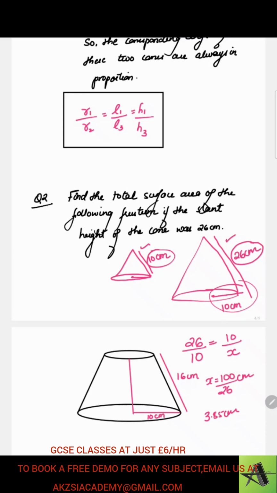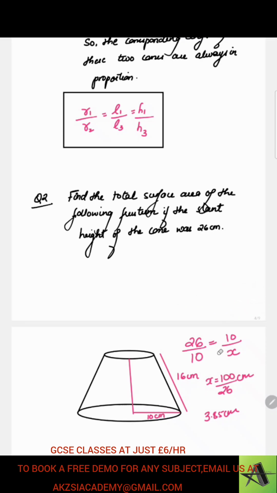So because of this, the one that I have discussed, that if you don't know a given parameter, you just have to use the similarity and you can calculate. We now have the radius, which is 3.85 centimeters. We can easily calculate the total surface area. How can we calculate? Similarly, how we did our first question.